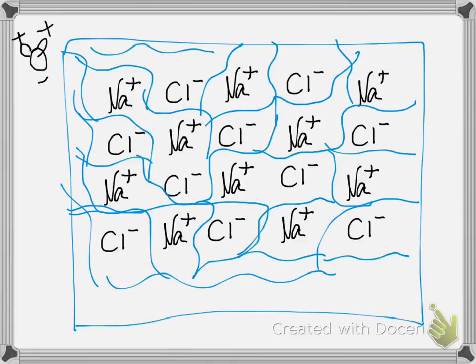Yeah, that's all it is. It's just electrons moving from one place to another. Well, if you've got a bunch of ions free in the water, guess what? You now have a ready source of electrons that move. So ionic compounds, when dissolved in water, tend to conduct electricity.